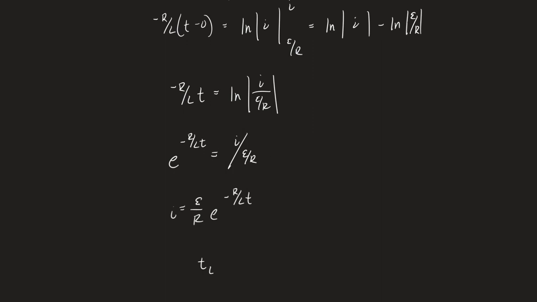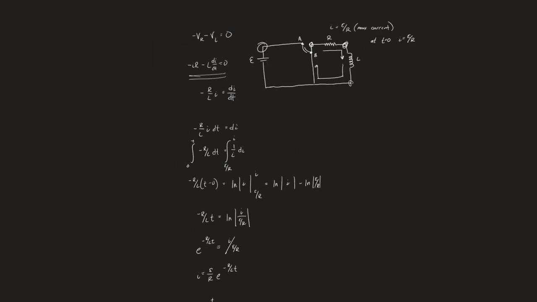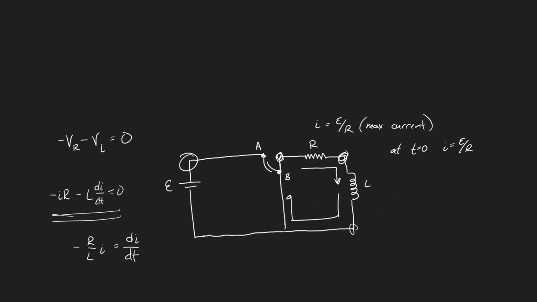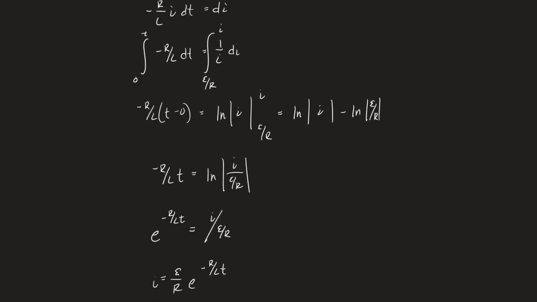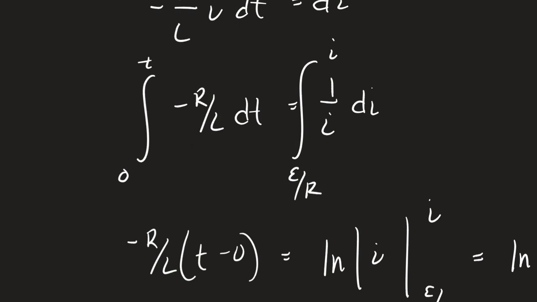Can you explain how you got the limits for the current integral? Yeah. At time 0, what was the current going through the inductor? It had been connected to this EMF when the switch was at A. So when we flipped the switch, that current was still epsilon over R. So when we set our limits here, at time 0, which is when we flipped the switch from A to B, the current in the inductor was the Ohm's law current from the circuit.